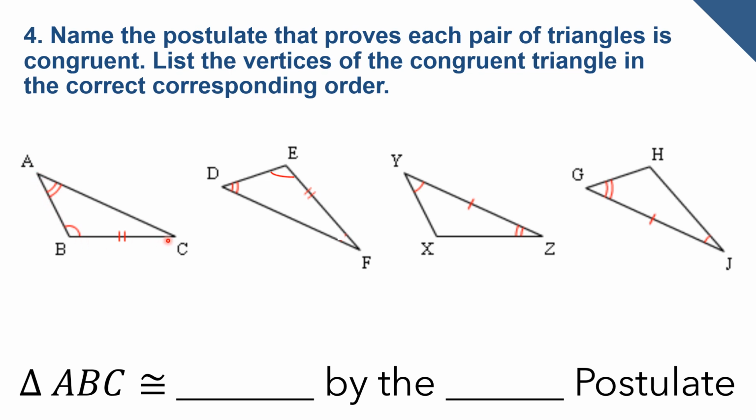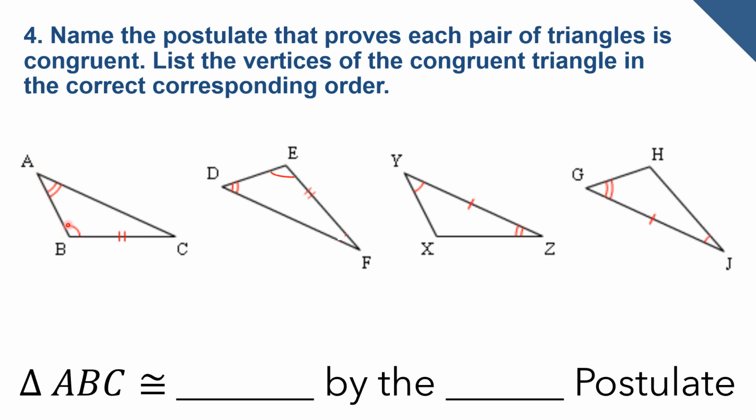So here's triangle ABC on the far left. Let's look at what we have marked here. We've got 2 angles and a side. Now, would you say that this side is an included side or a non-included side? It's non-included, right? It's not in between those 2 angles.